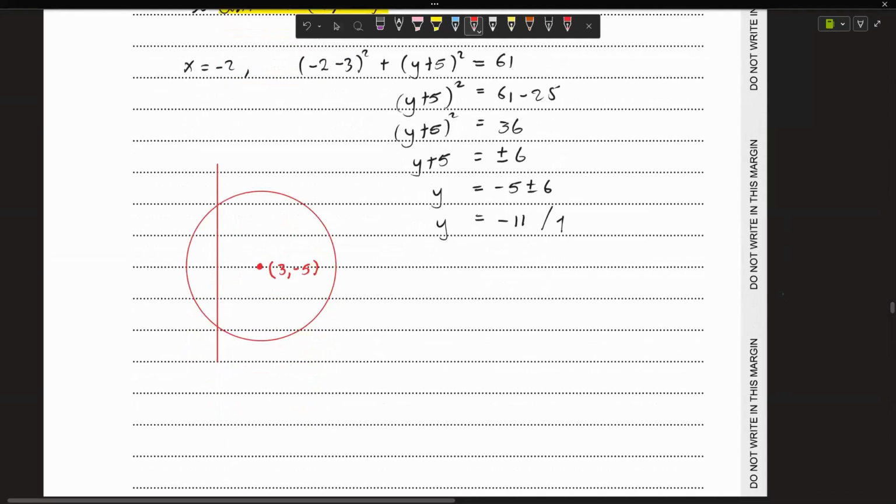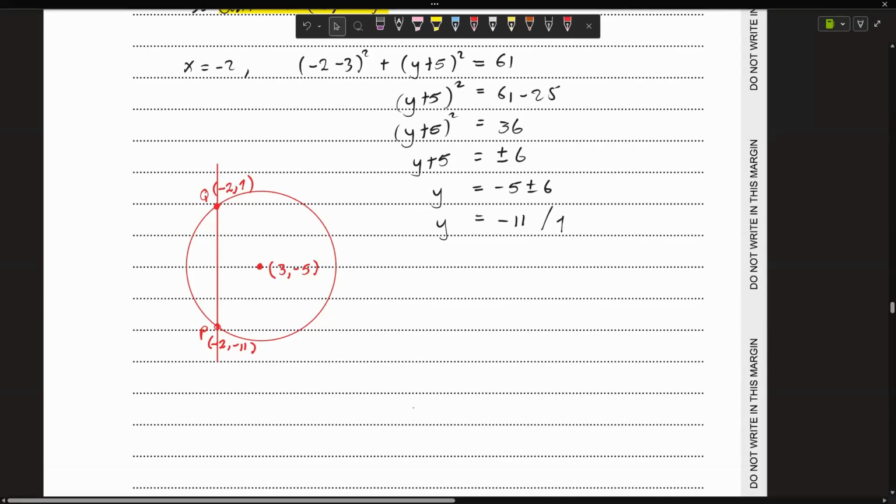And we've got our 2 points on here, the points P and Q. Let's just say this is P, and this is the point Q. Remember, the x coordinate is negative 2, so this could be the point negative 2, negative 11, and this is negative 2 and 1. So that's the kind of situation we have.